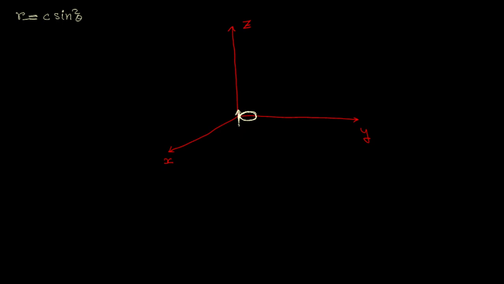Then if we put c equal to 2, it will look like this. If we put c equal to 3, it will look like this. For c equal to 4 and 5, it will look like this. So as we increase the value of c, the curvature of this curve will also increase.